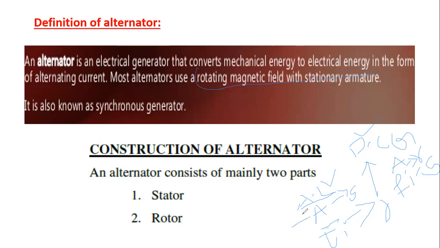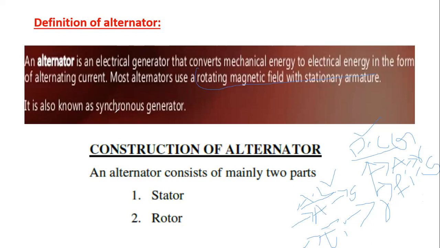In a DC generator, the armature is rotating and the field is stationary.